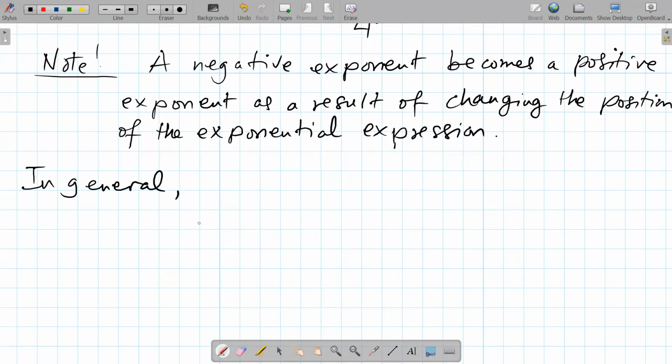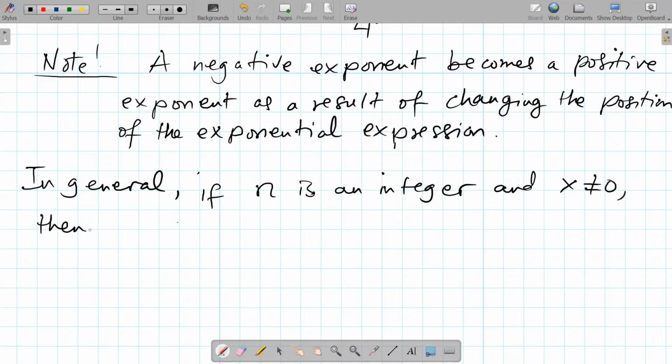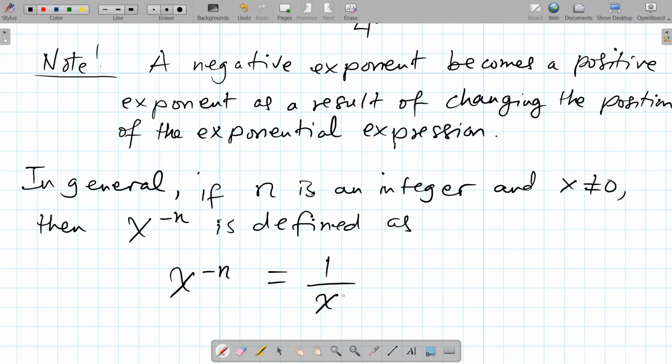General, if let's say n is an integer and let's say x is not equal to 0, then this negative exponent, x raised to the negative n, is defined as, and this is basically what I have explained.